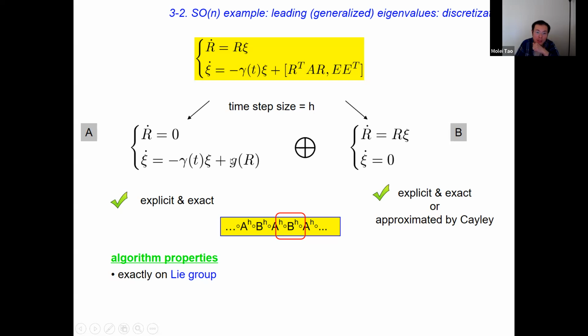And this thing is actually a skew symmetric matrix as well. And same thing for B, because C doesn't change, so it stays on the Lie algebra, and R changes according to the exponential of Cassini, which by definition stays on the manifold.